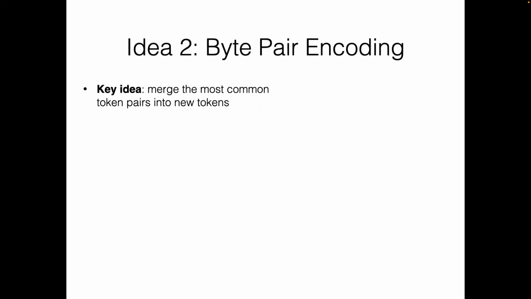The key idea that's used in a lot of these different tokenization methods, even for state-of-the-art models, is called byte pair encoding. The core idea is very simple. You have some training set of data, and you go over it and count up each consecutive pair of tokens.